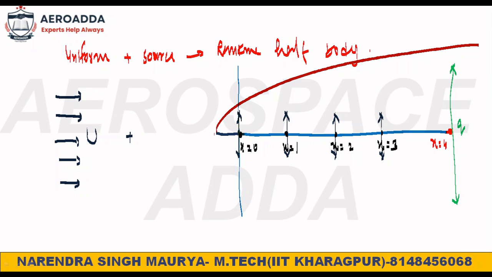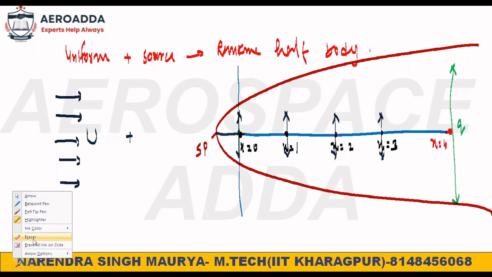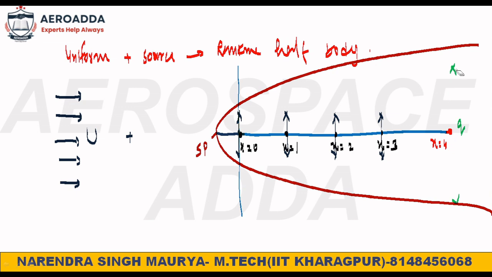Now it is correct. So this will be your stagnation point, because we have uniform flow, right? And I have to increase it, because it should be encircled by the source of strength going to be like this.